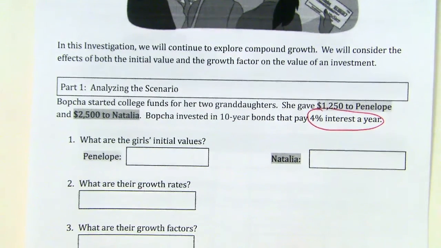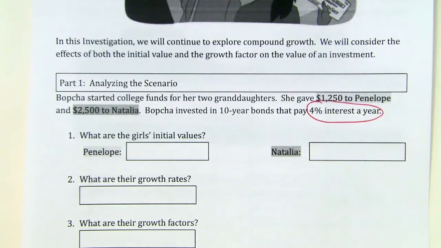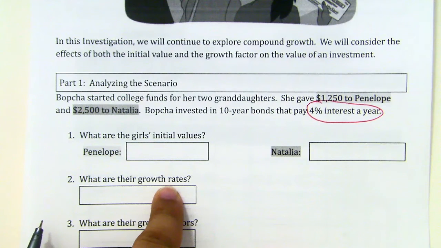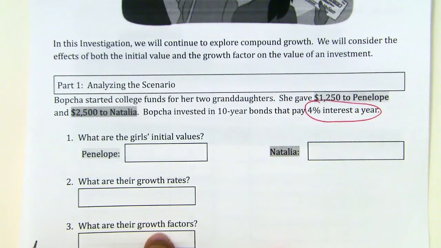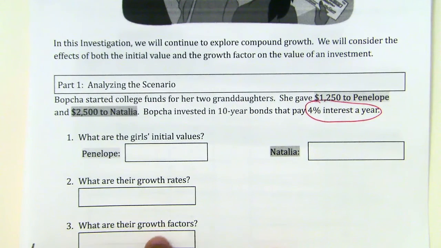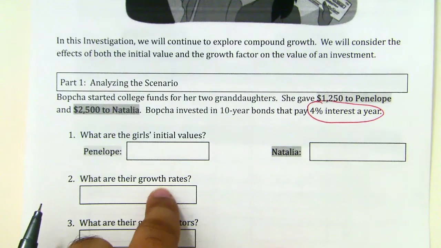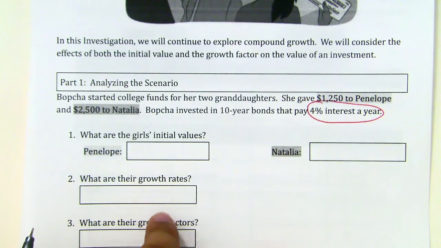Now, growth factor, I'm gonna help you out with it just to make sure that you have it because you need that for this next part, right? Remember, there's an intimate relationship between the growth rate and the growth factor. So the way that you find the growth factor, if you know the growth rate, is first, you need to turn your growth rate into a decimal.